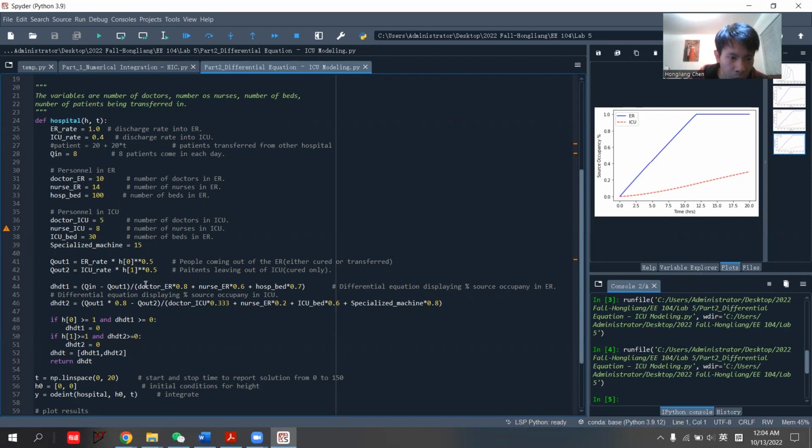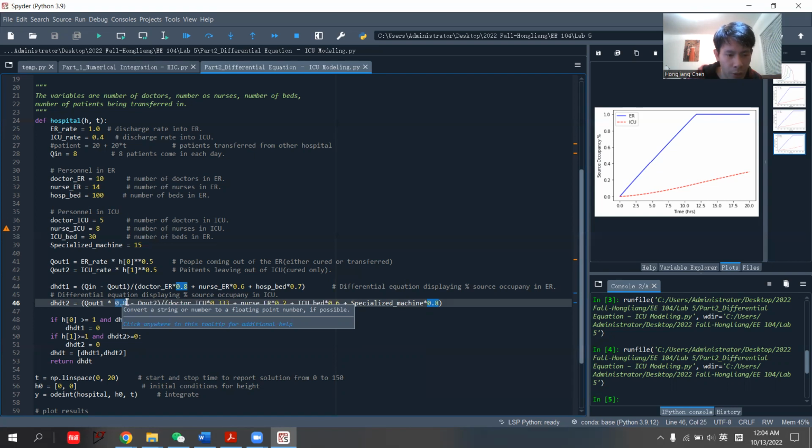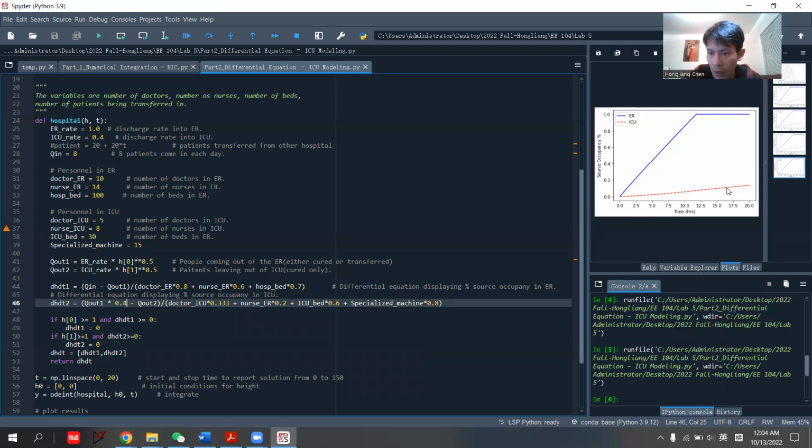But as we have about 80% of the patients in the emergency room being sent to the ICU, nearly 80%, if I reduce it to 40%, the red line dropped down, because not too many patients are being sent to the ICU from the ER.